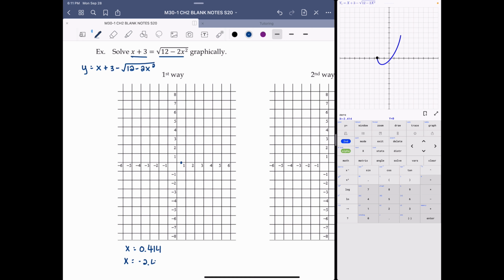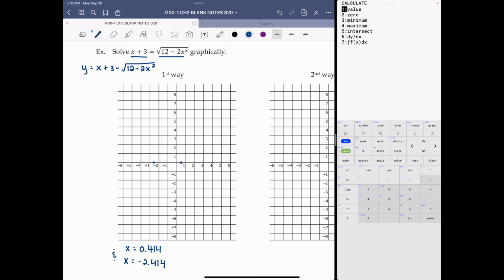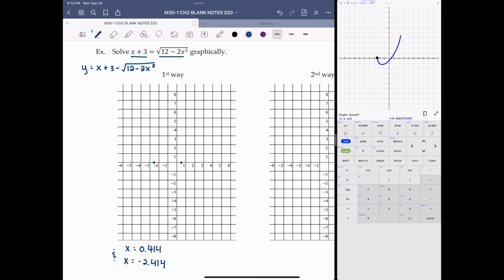So those two values, graph it, negative 2.5-ish. I can find my minimum value, left bound, right bound, so negative 1.45 and negative 1, somewhere in there. So it looks something like this.